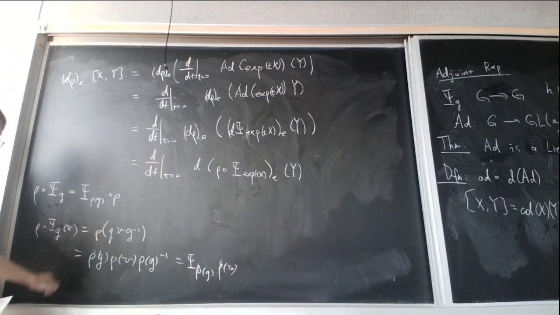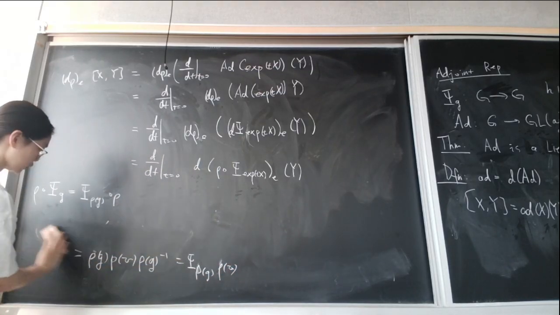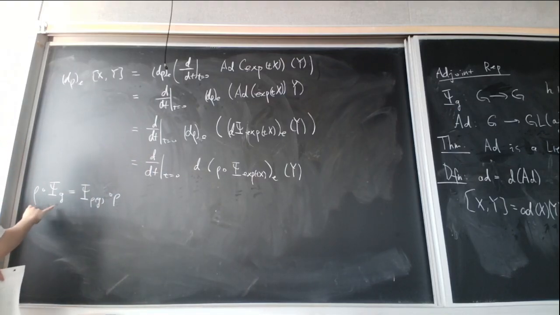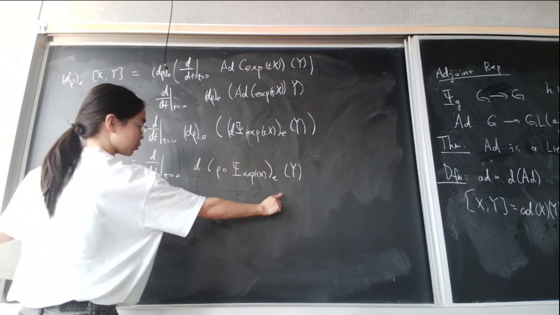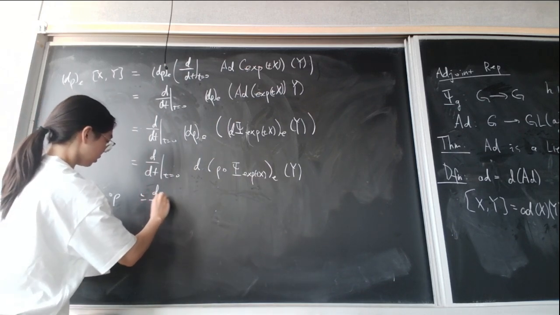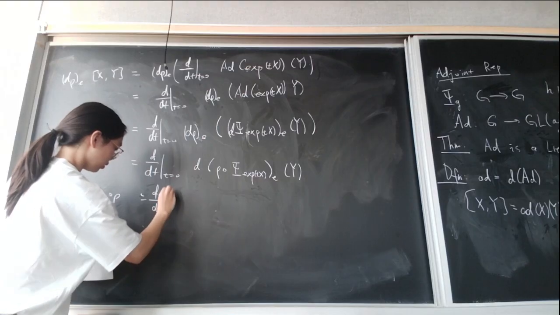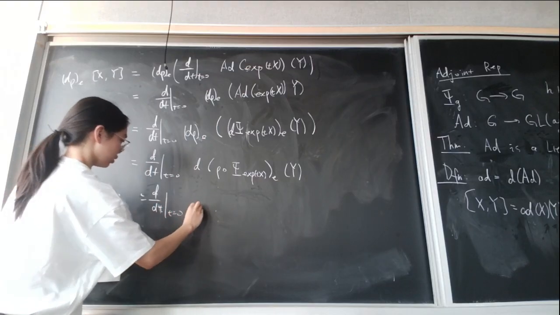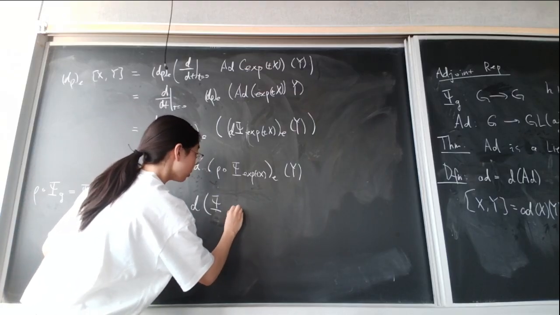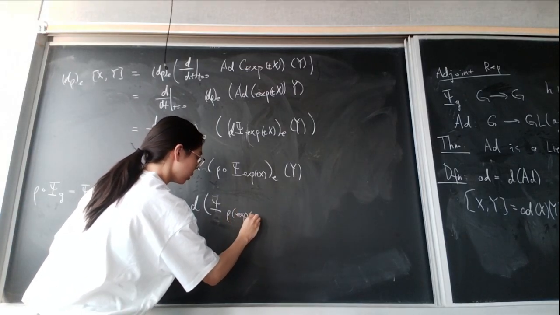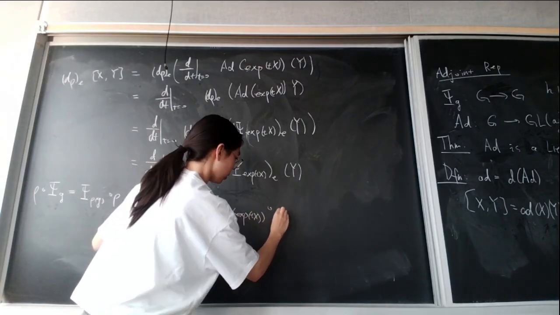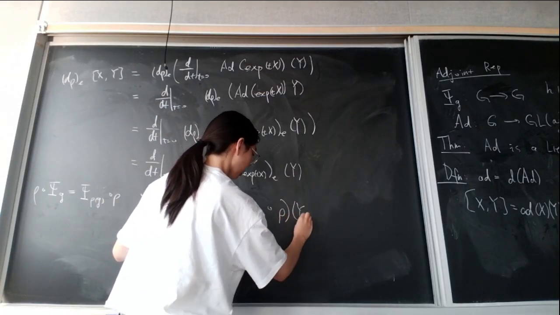So we have this. Because of this, we can substitute, so this is the derivative of conjugation by rho applied to exp(tx) composed with rho applied to y.